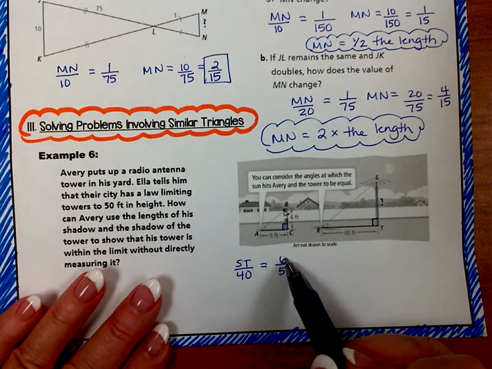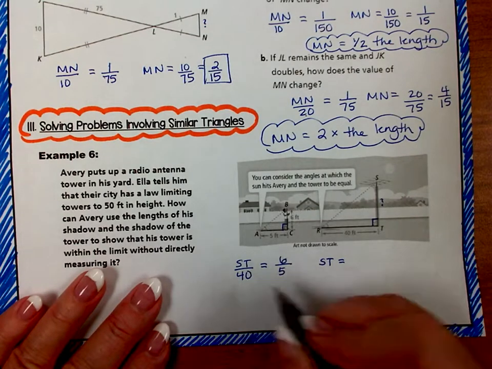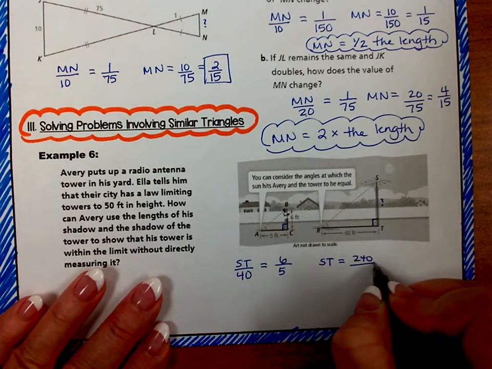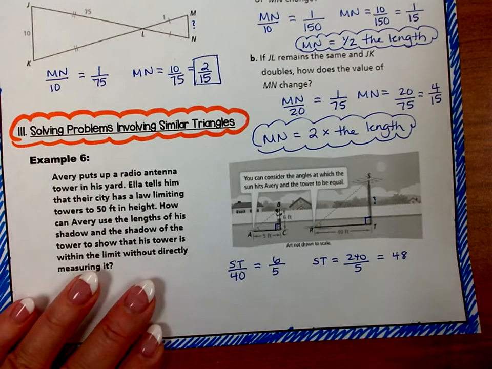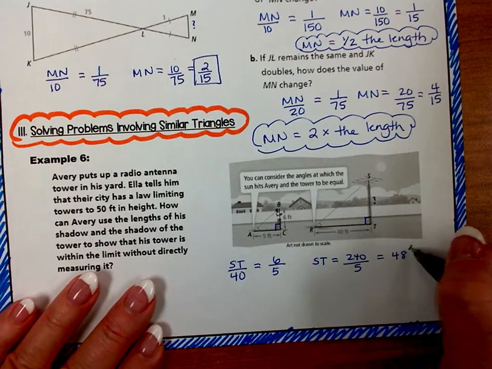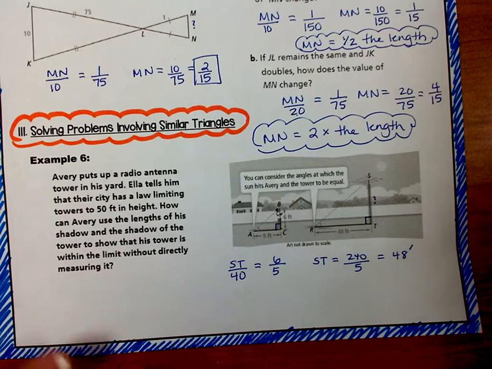And then cross multiply, so we get ST is equal to 6 times 40 is 240 over 5, which reduces to 48. That means that ST, or the height of the tower, is equal to 48 feet.